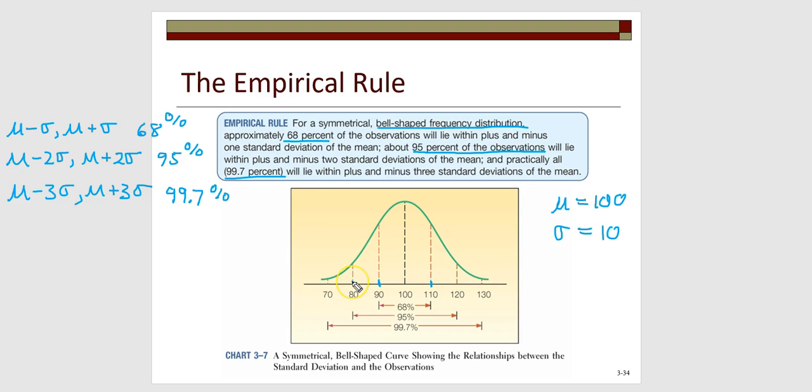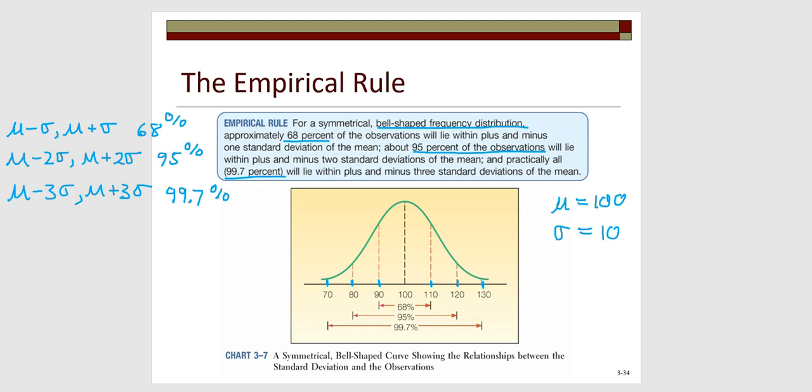If you move away 2 standard deviations, so you go from 80 to 120, then about 95% of all your data will be between 80 and 120. And finally, if you move away 3 standard deviations from the mean, or you go from 70 to 130, then about 99.7% of all your data will be between those two numbers, or virtually your entire data set will be between 70 and 130. So that's a graphical illustration of the empirical rule.